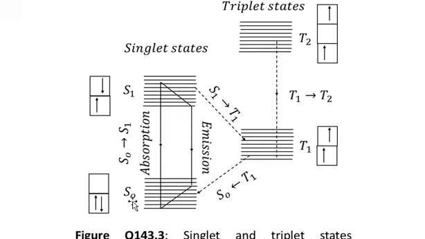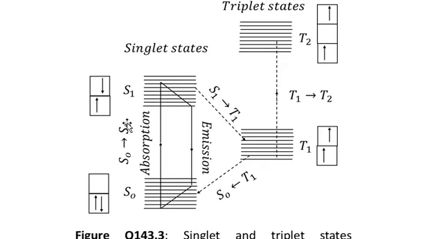So the electronic state S0, which is a singlet state, and the higher electronic state S1, which is also a singlet state, have many horizontal lines representing the availability of vibrational levels. And between any two horizontal lines, there are rotational levels which we have not shown.